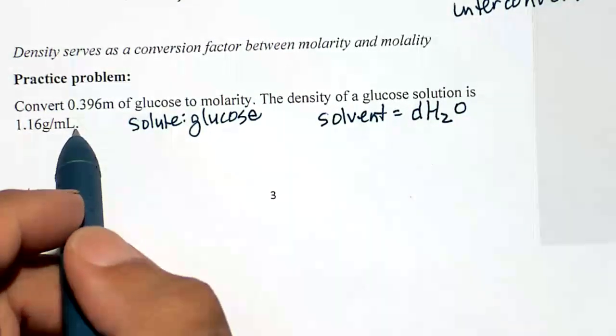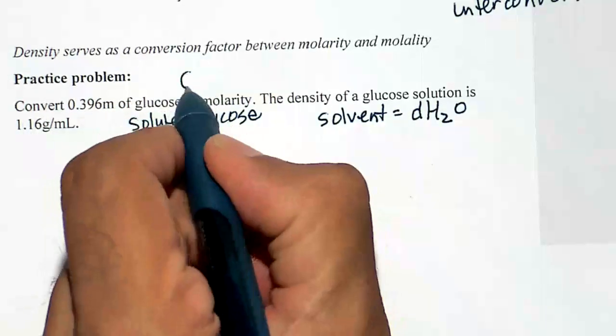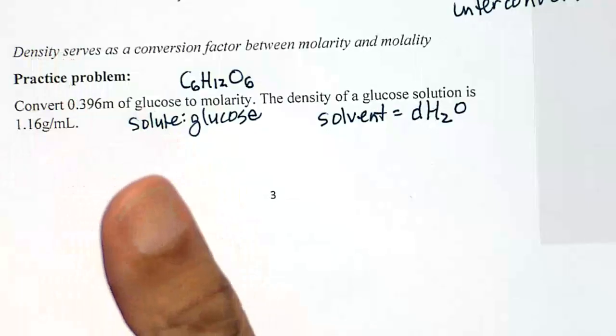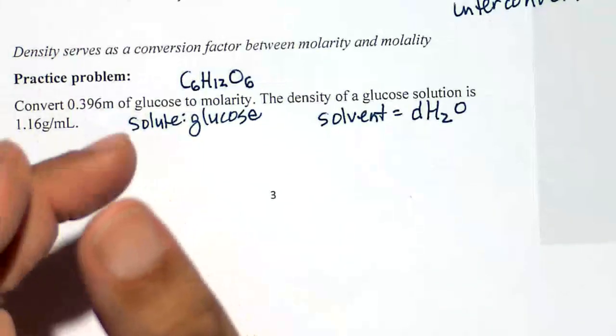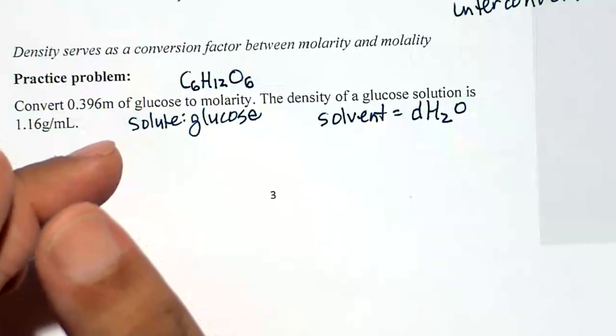What does 0.396 molal actually mean? By the way, glucose is C6H12O6. It's not something you need to know, but that is its formula.